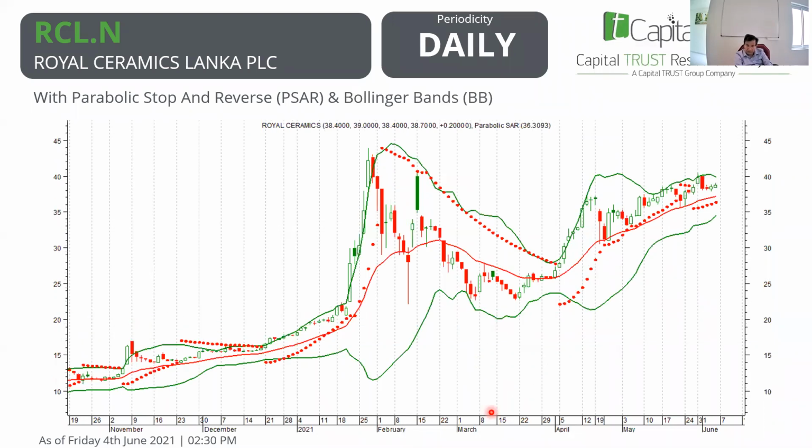Bollinger Band also is here. This one bent down, see? And this one has enough empty space up there. Why is it not going up? That is anybody's question. No reason for it to not go up. It has every space available for it to go up.